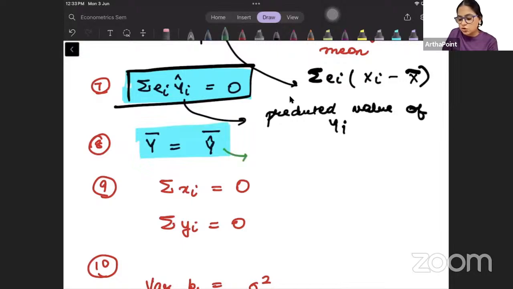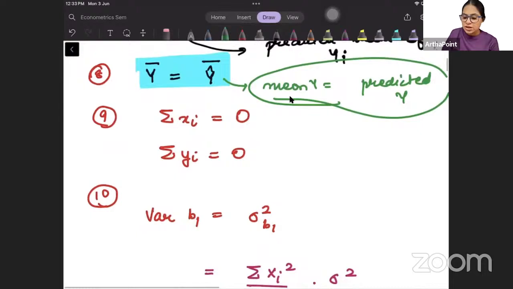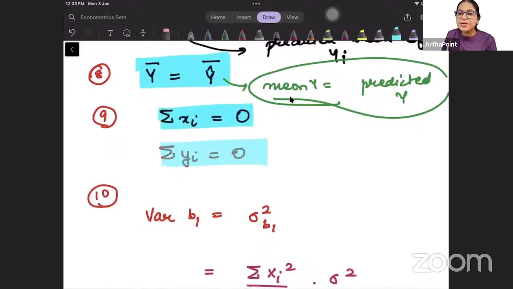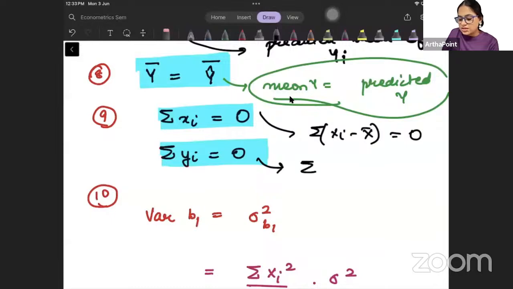So अगर हम mean of y निकालें, actual y, या mean of predicted y निकालें, तो both of them actually mean the same thing. This says whenever you find deviation of any variable and sum it up, it is 0. So this means that summation xi minus x bar is 0 and summation yi minus y bar is also 0.